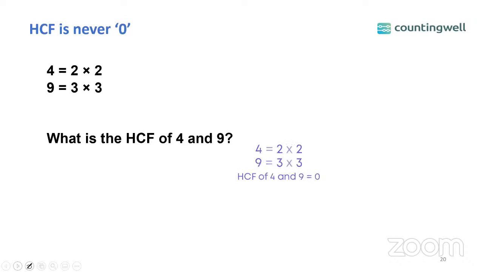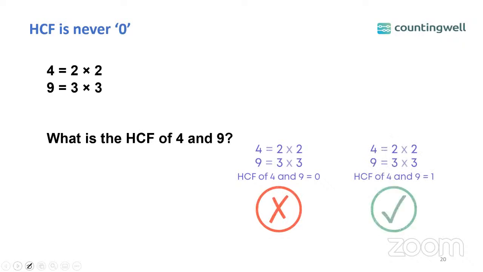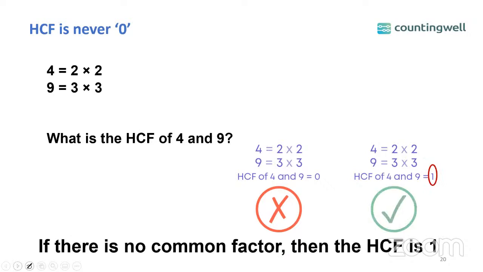Is it okay to write the HCF of 4 and 9 as 0? No. The HCF of 4 and 9 is 1. If there is no common factor, then always remember that the HCF is 1, not 0.